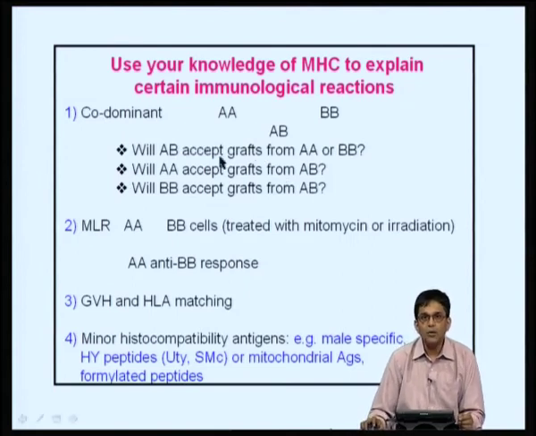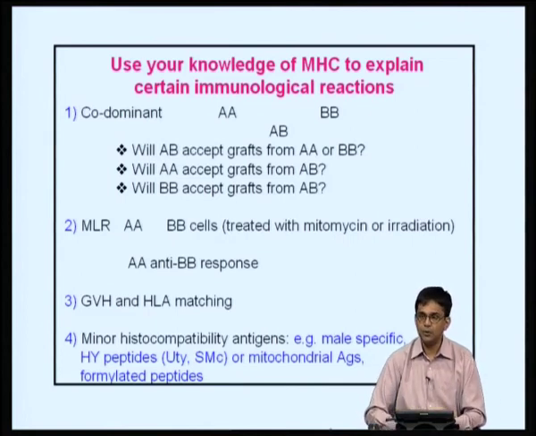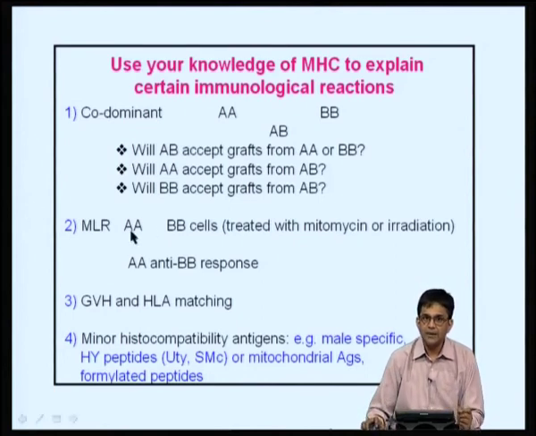Okay. So, we will now go to the second term, which is MLR, or mixed lymphocyte reaction. Now, in this case, we will again use the analogy of AA and BB cells, and if you want to check whether AA will respond to BB, you can do it 2 ways. One is you can put AA and BB cells together, especially if you take peripheral blood lymphocytes and put them together, the T cells will recognize the MHC molecules.